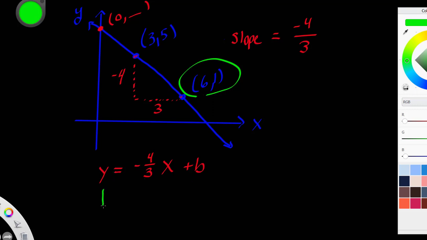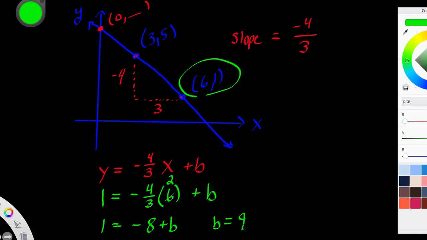My y is 1 equals negative 4/3 times my x is 6 plus b, and that's going to give me 1 equals, let's see, 3 and 6 cancel out to give me 2, so it'll give me negative 8 plus b, which means b will equal 9.